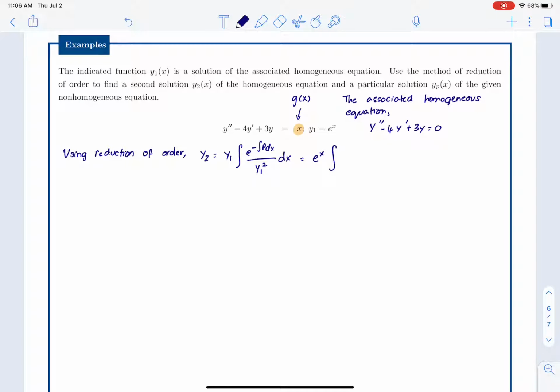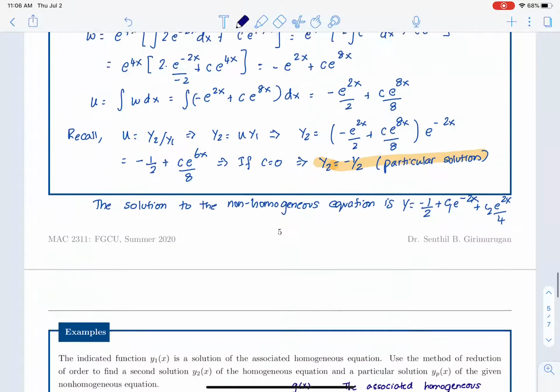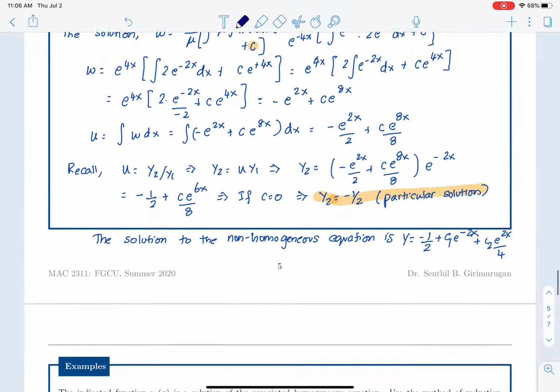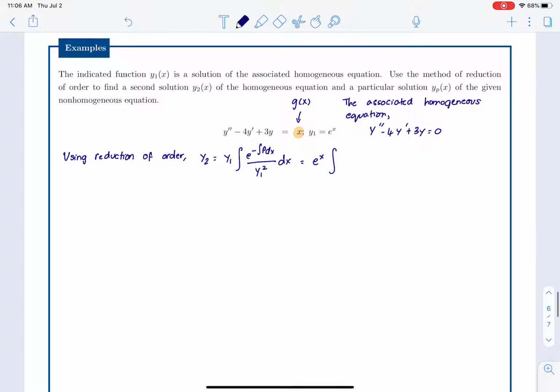P is negative 4, so we would have e raised positive 4x dx divided by e raised 2x dx.